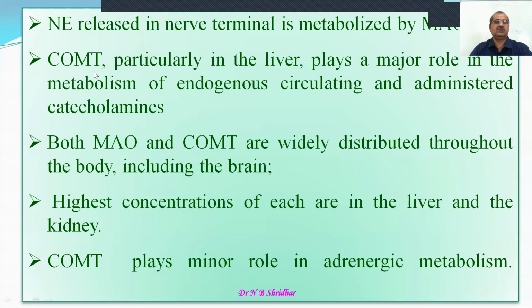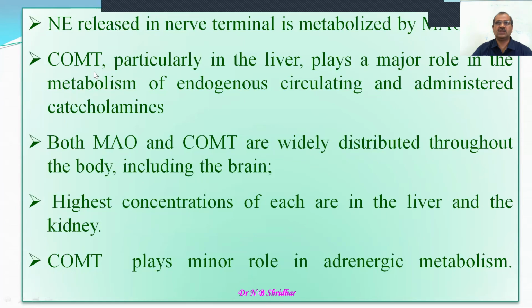And another enzyme, that's the catechol O-methyl transferase, which converts norepinephrine to... catechol O-methyl transferase is converting these catecholamines to inactive substances like homovanillic acid, etc., which are going to be secreted in urine, some metabolized.